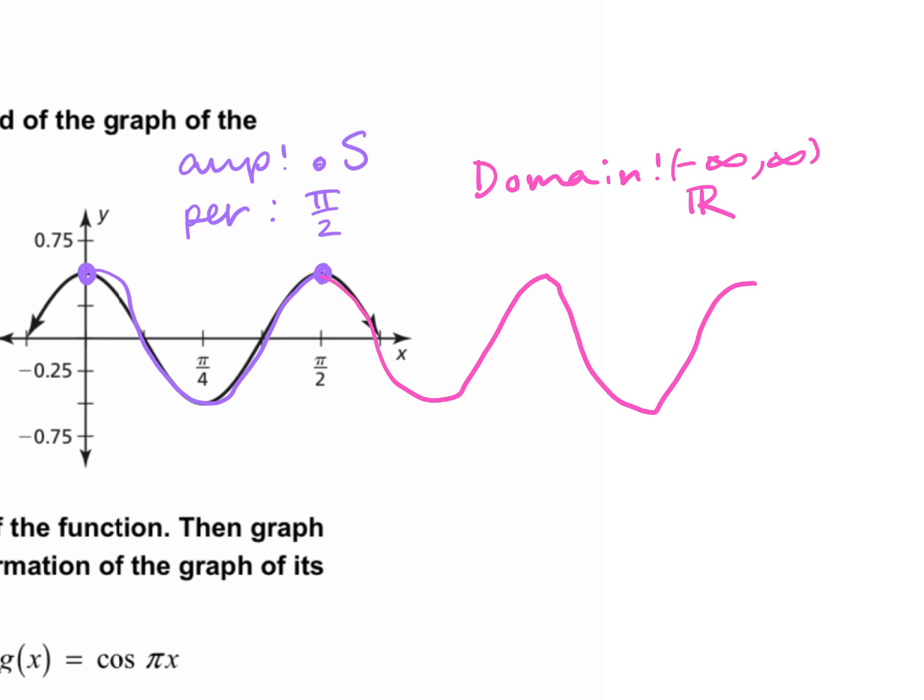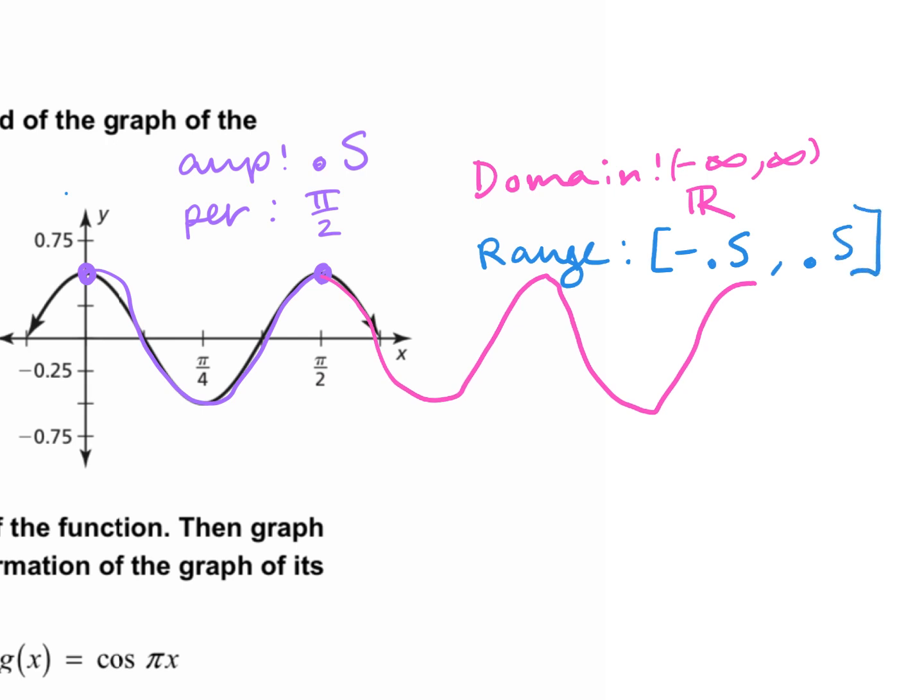And then what do you think our range is? Remember, our ranges are y values. So how far up do we go and how far down do we go? We go to negative 0.5, that's where our graph starts, and it ends at positive 0.5.